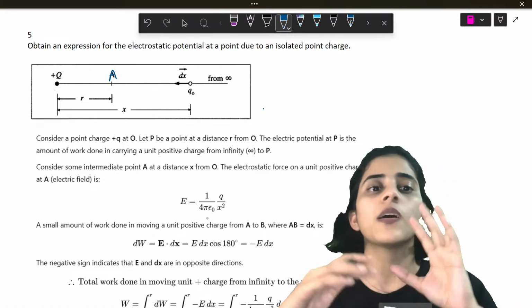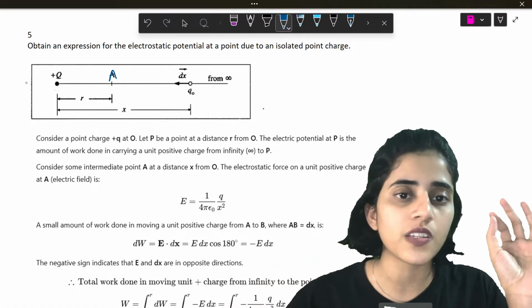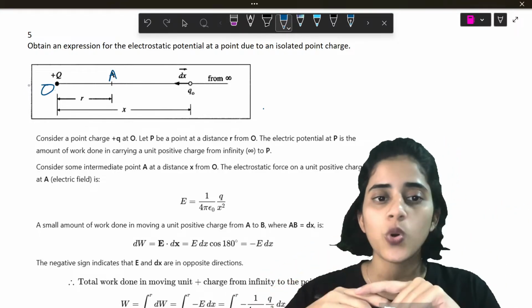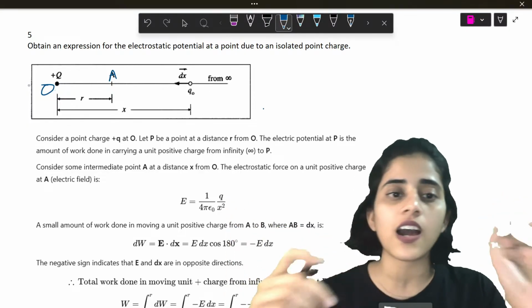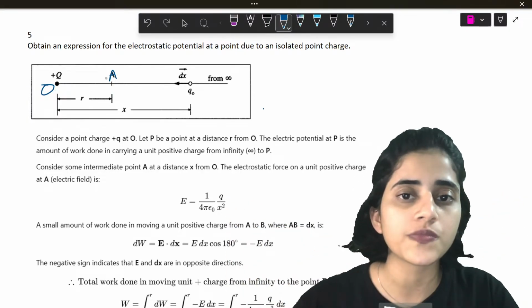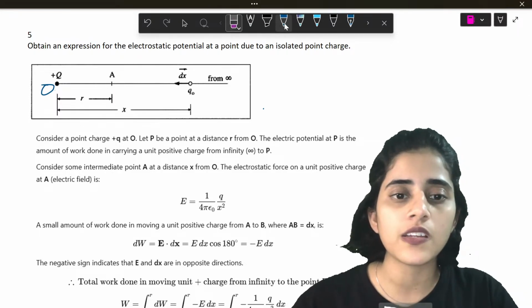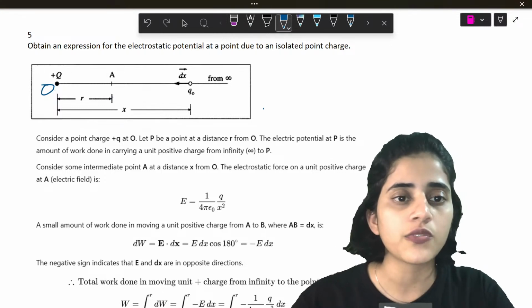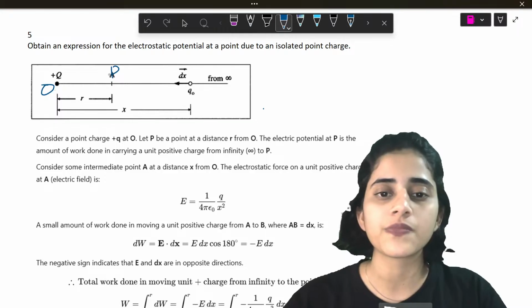The charge plus Q is at O and P is a point at a distance R from O. Let this point be P.